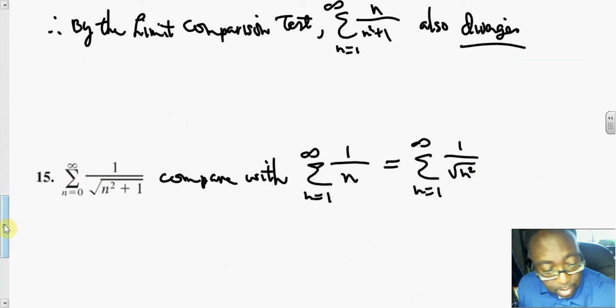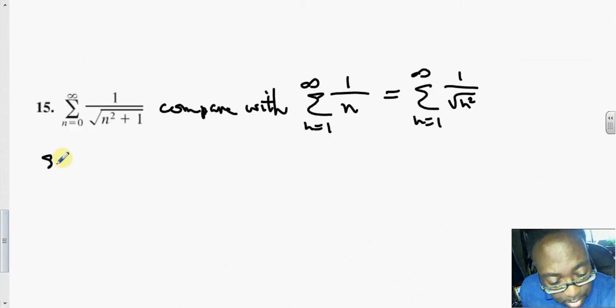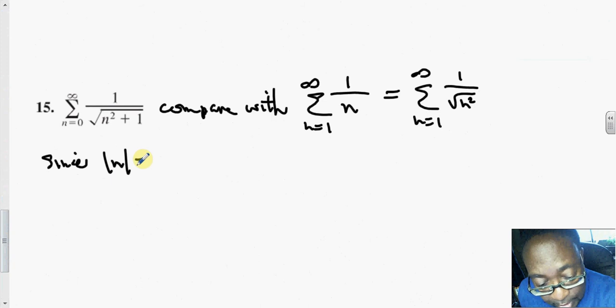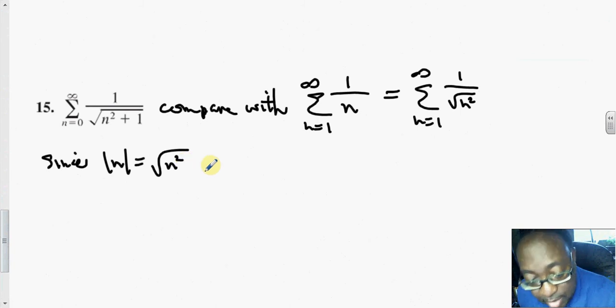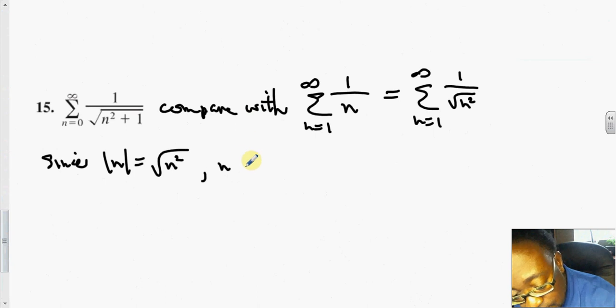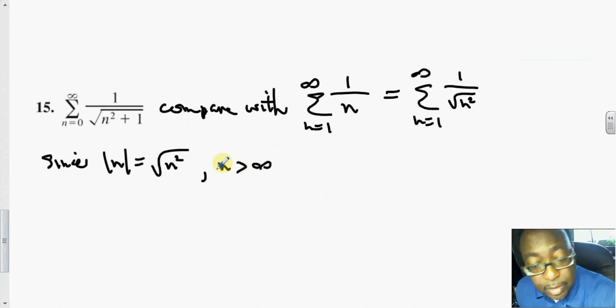Since the absolute value of n is defined as the square root of n squared, right? And so we can use that here in positive, right? In n greater than 0.